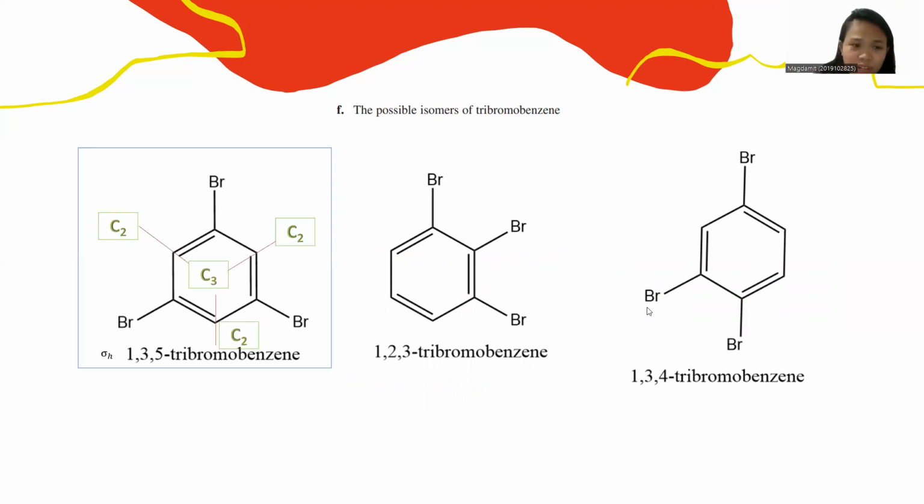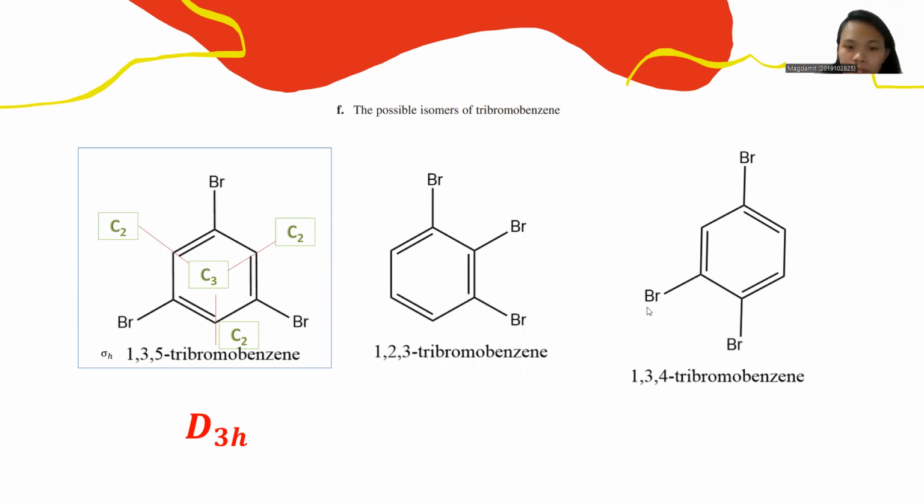First, 1,3,5-tribromobenzene has a C3 axis perpendicular to the ring and 3 C2 axes perpendicular to the C3 axis at each carbon atom without a bromine relative to the center. 1,3,5-tribromobenzene has a horizontal mirror plane, sigma h. Thus, it is classified as D3h.